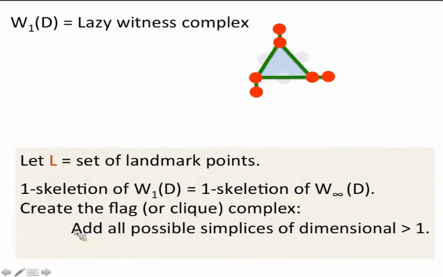Actually, it's not Rips, it is the flag now. It's the same idea where we now throw in all possible higher dimensional simplices, just to save us time in terms of computation. So now this does give us a much smaller complex because we now have fewer data points, and we'll also likely have fewer simplices as a result.